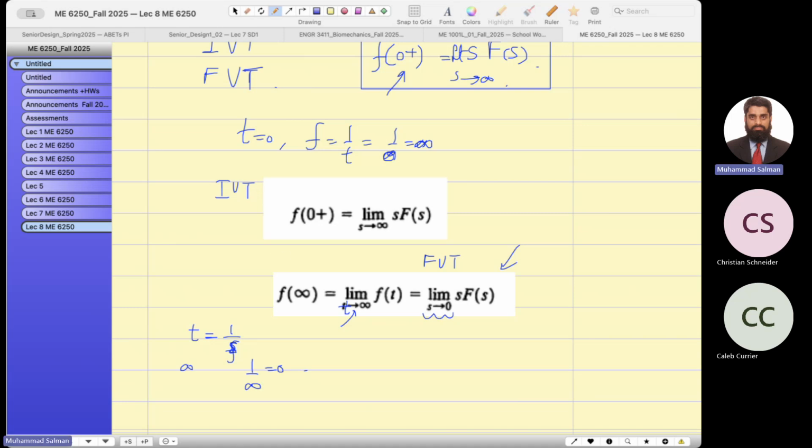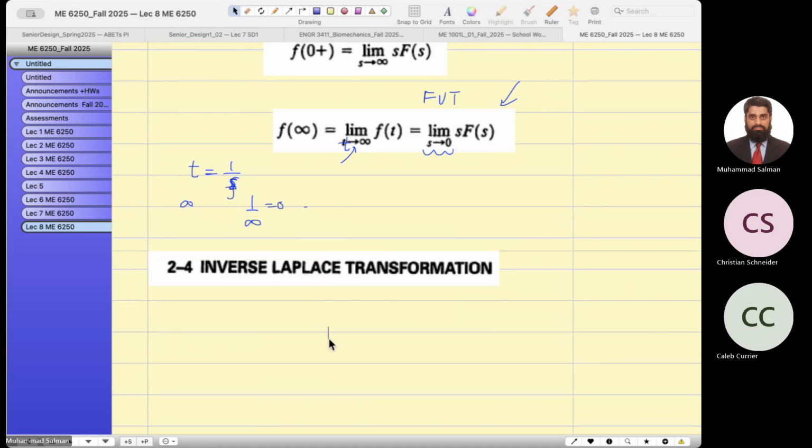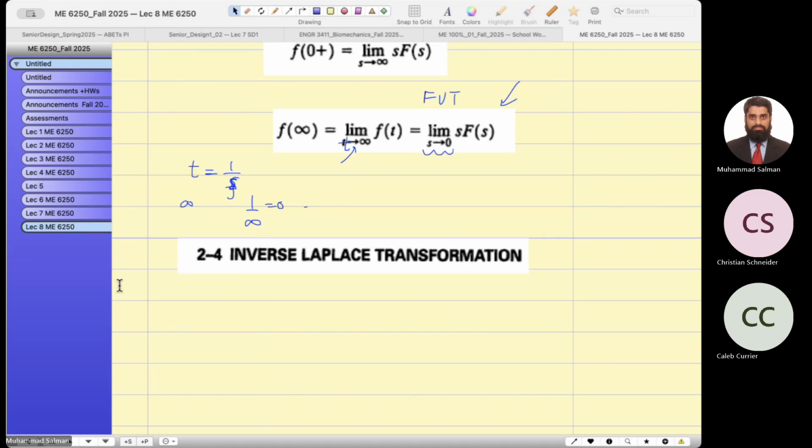Now comes talk about the inverse Laplace transform. Do you know partial fraction expansions? So let's do one problem.